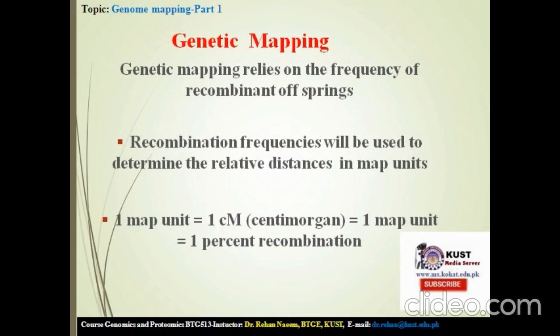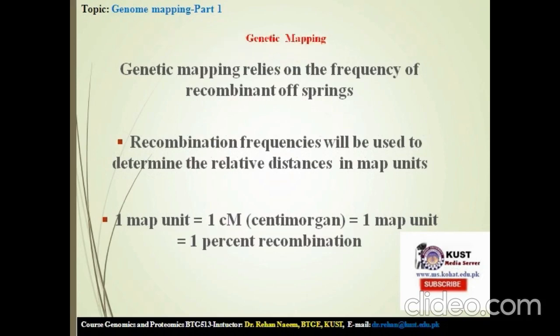As we discussed earlier, genetic mapping relies on the relationship of linkage, or you can say relies on the frequency of recombination. And how can we determine the recombination frequencies?